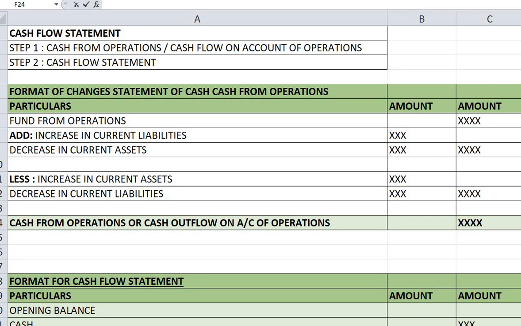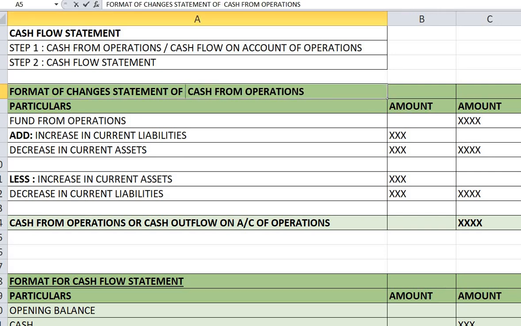Likewise, in preparation of cash flow statement also, there are 2 main steps. First one is the statement of cash from operation, and secondly it is the cash flow statement. Okay, so we are going to discuss it one by one.